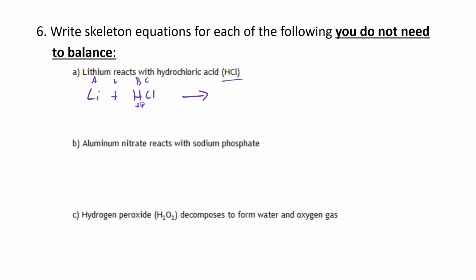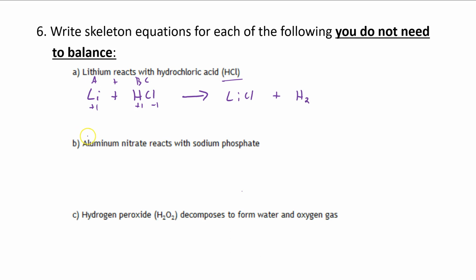And with hydrogen acting like a +1, chlorine -1, lithium +1, I can then predict that I'm going to make lithium chloride, right? And the hydrogen will be off by itself. And if you guys remember, whenever hydrogen is by itself, it gets a little 2 by it. Ba-doom.